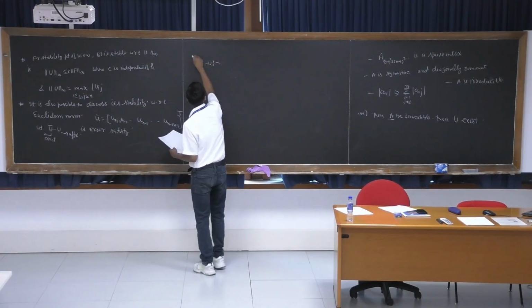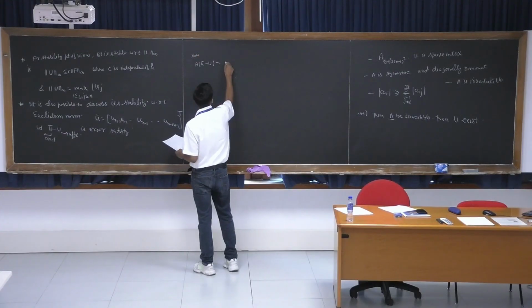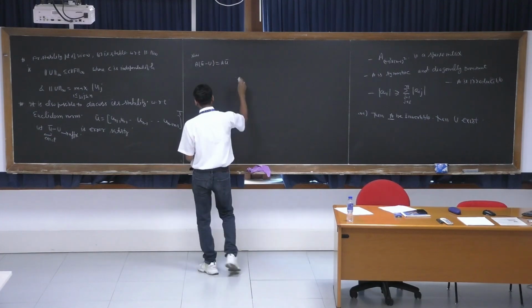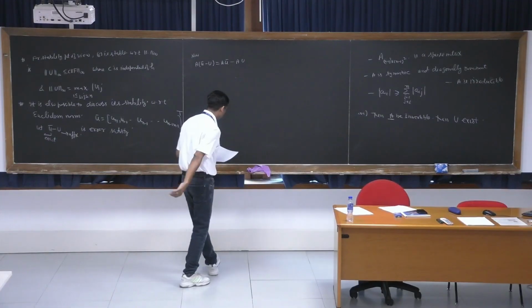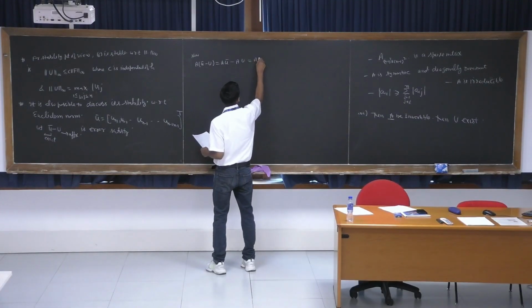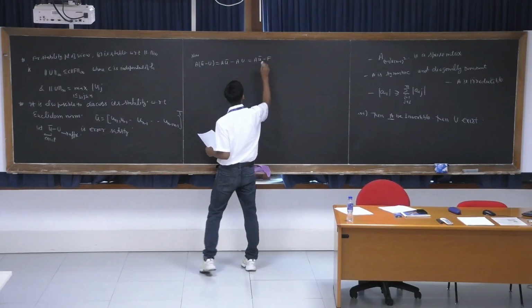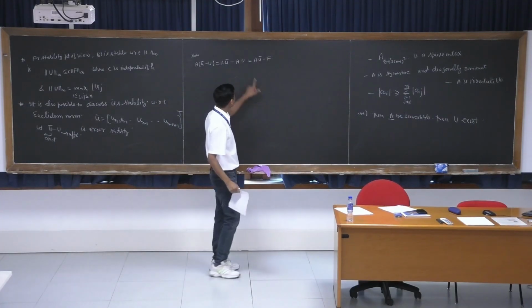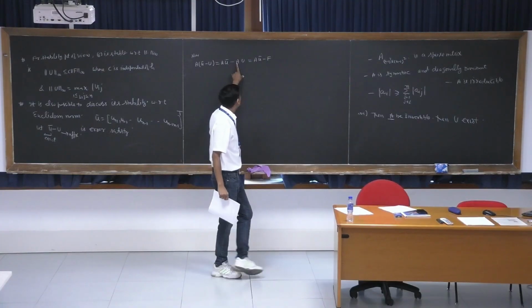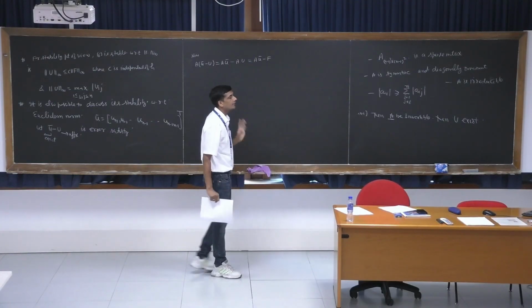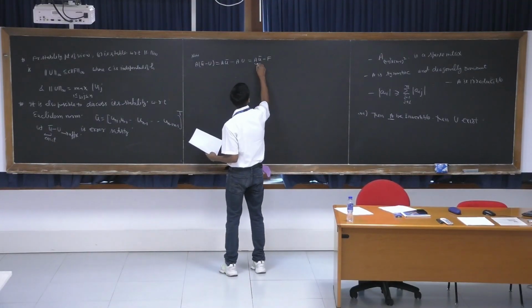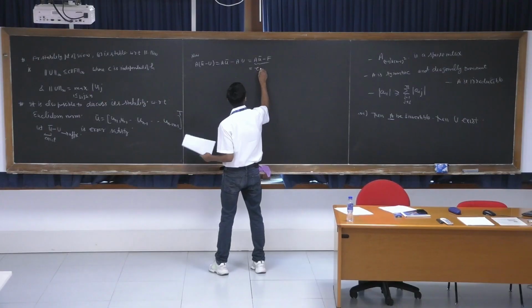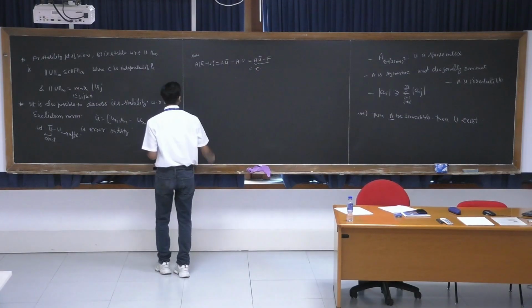Taking A inside, this becomes A u bar minus A of capital U, that is A u bar minus capital F, from equation 6, because A times capital U is nothing but capital F, which I have denoted by this.